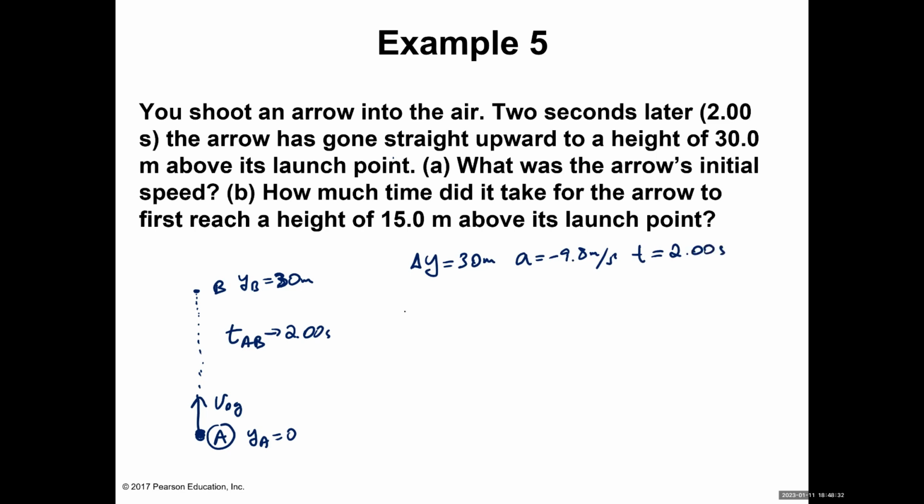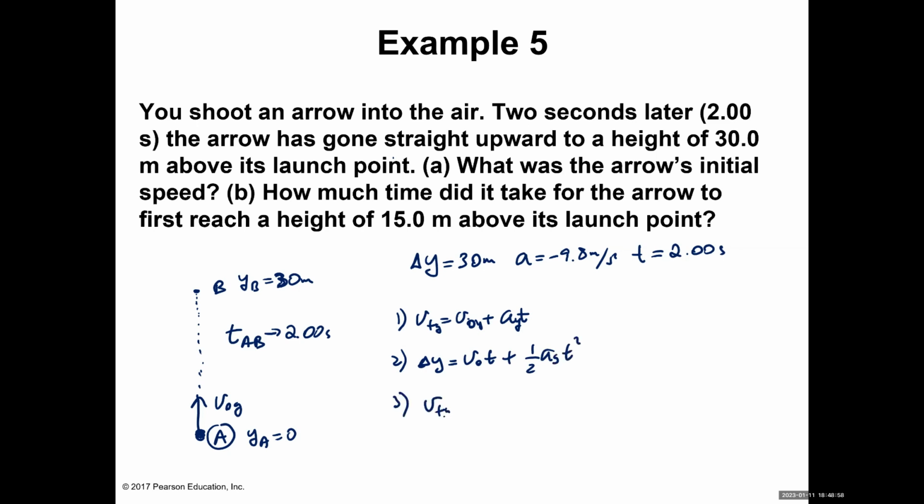So go back to the equations. V final equals V initial plus vertical acceleration times time. Or delta y is equal to V initial times time, I'll do it in terms of acceleration, plus 1/2 vertical acceleration times time squared.